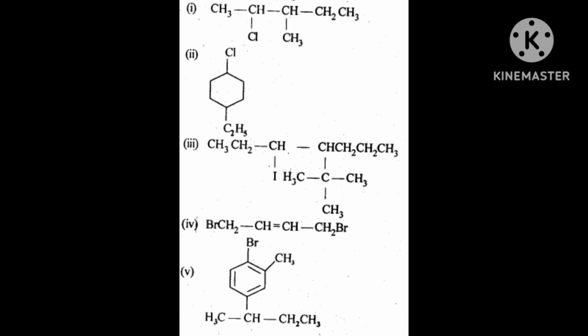Same way, if 2 carbons are there with sp, each will have 2 unhybridized orbitals, and they will again overlap. And this time they will form 2 pi bonds. Side-wise overlapping. Okay, it is called side-wise overlapping or lateral overlapping.